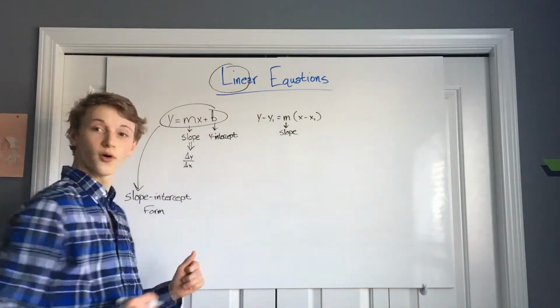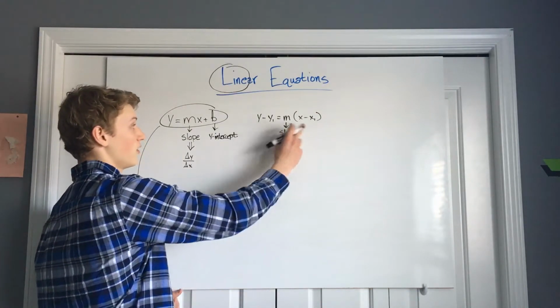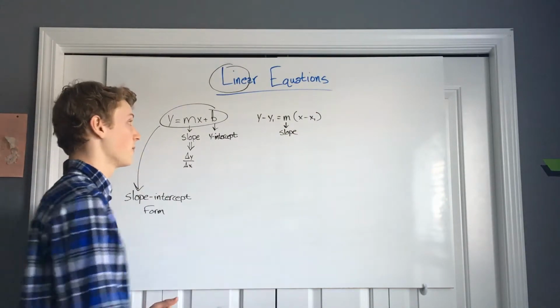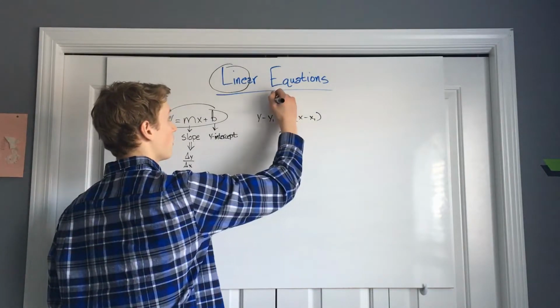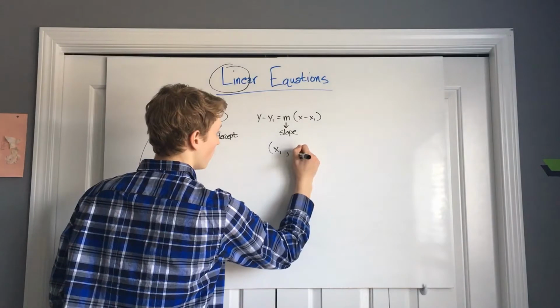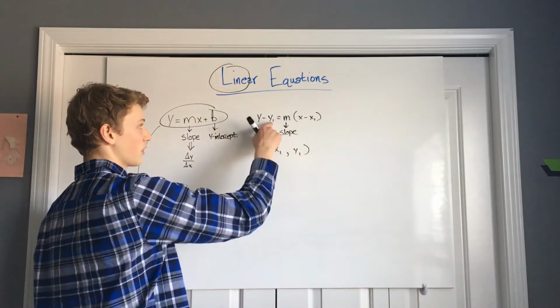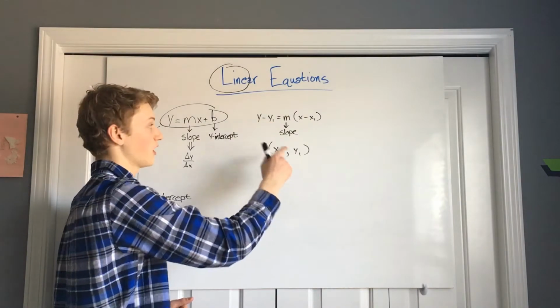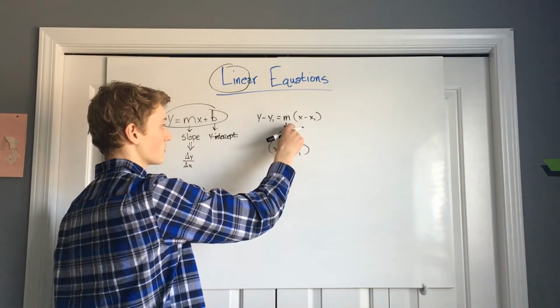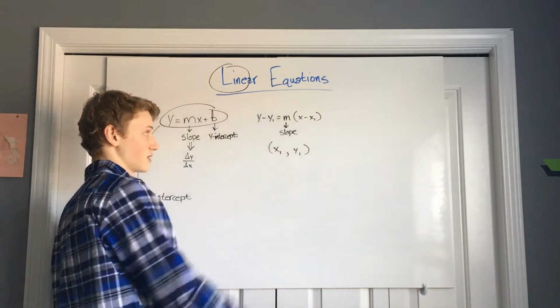So if you know one point on the line and you know the slope of it, you can write it in point slope form. So we'll have to be given our point x1, y1, and just like that we can just plug that in. Y minus y1, not plus, equals the slope, so m times x minus x1.